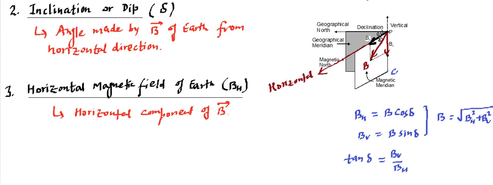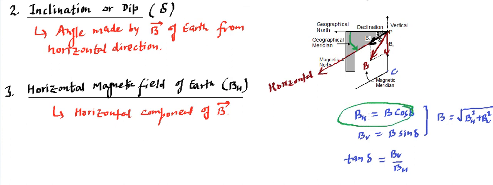Making sense? So let me finally say how the definitions of these elements help us find the magnetic field at any location P. First we will use the declination to reach the magnetic meridian. Reaching the magnetic meridian is very important because it is three dimensional, so we need to first catch the plane on which the net magnetic field lies. Theta, or declination, is used for that purpose.